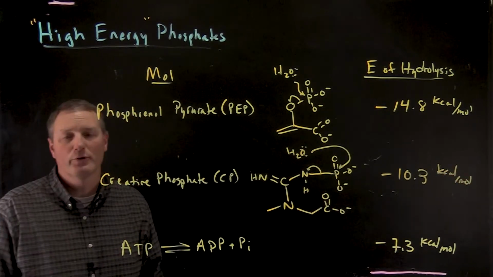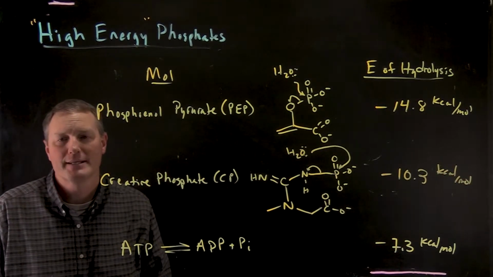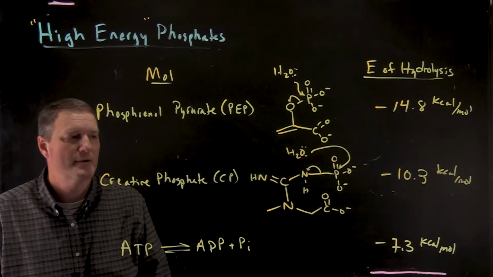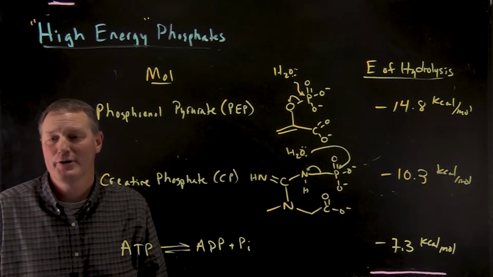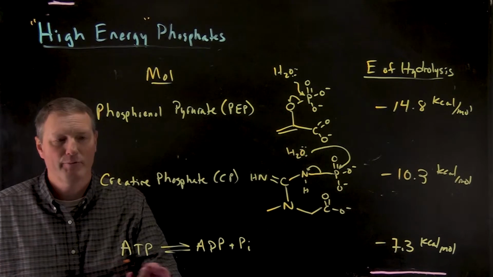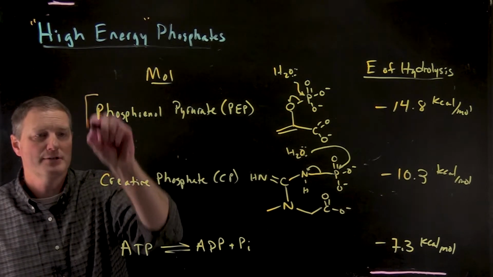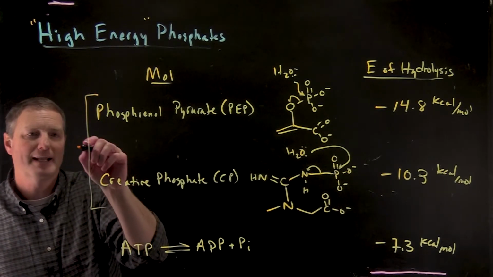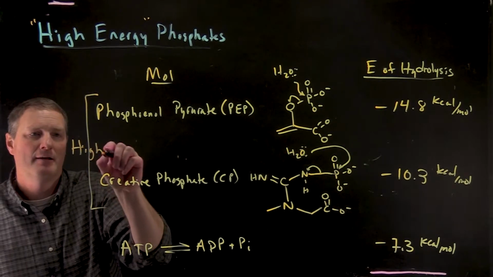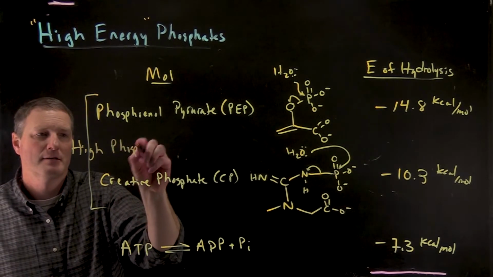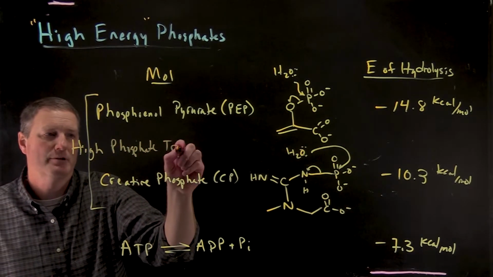So these two molecules are referred to as high energy phosphates, but they have what's called a higher transfer potential than regular ATP. So these two molecules would be classified as having a high phosphate transfer potential.